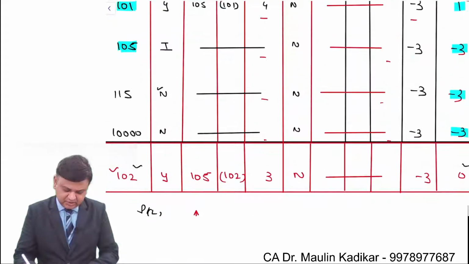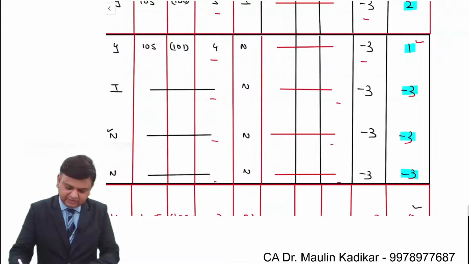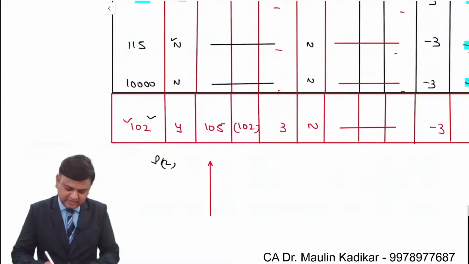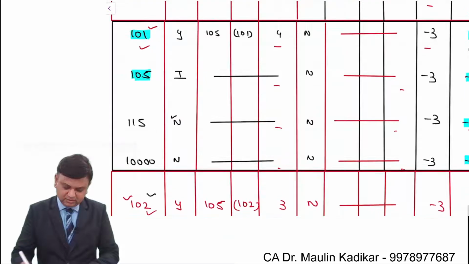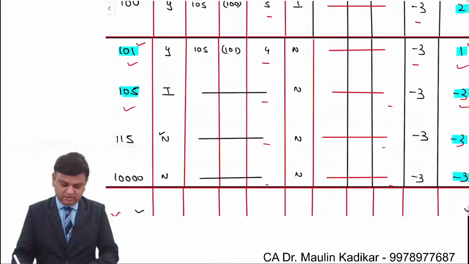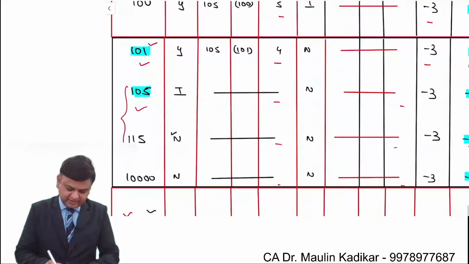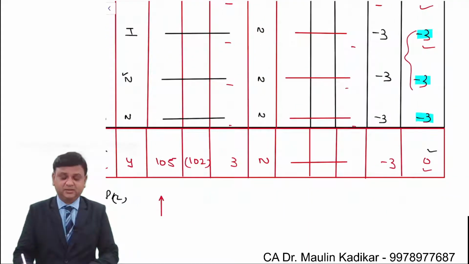And we can see that at 101, the profit reduces to 1. At 102, there is a break-even point. At 105, there is a loss of 3. And beyond 105, you can see that there is a constant loss of rupees 3.